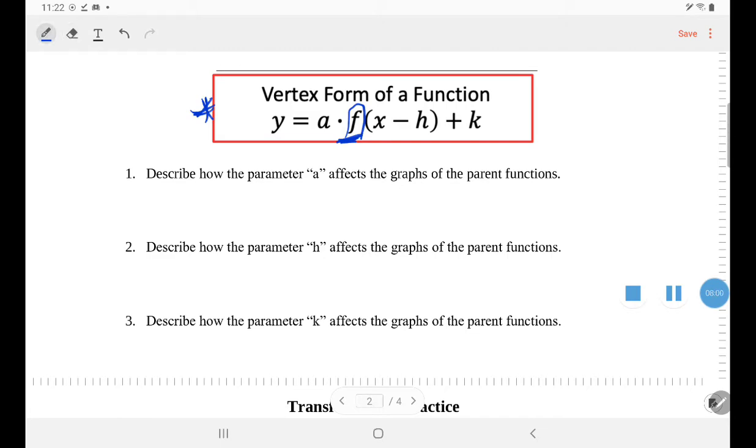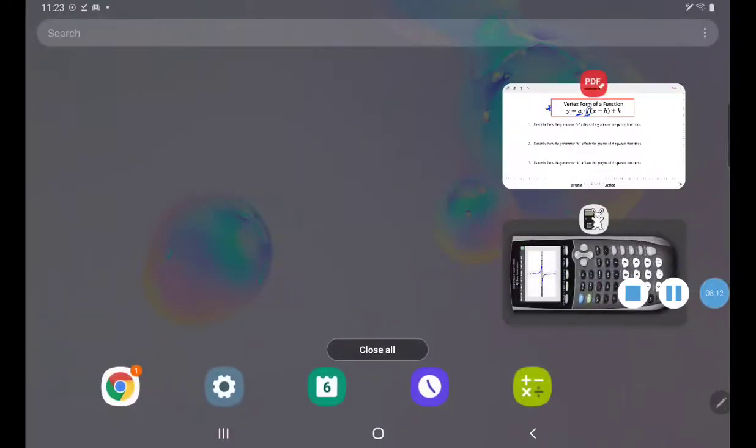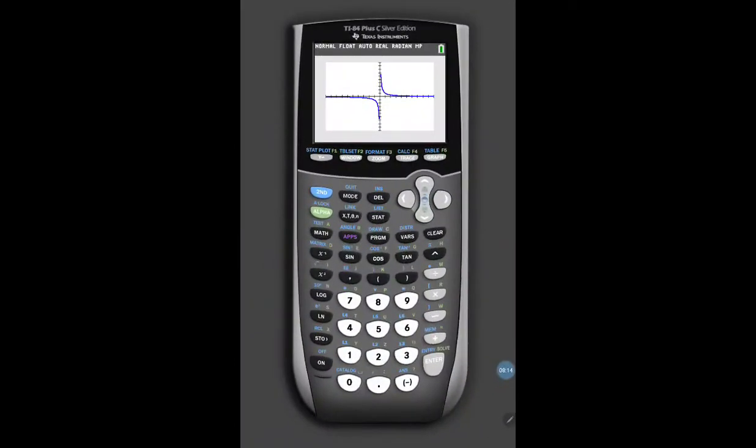So let's notice where the parameter a is. It's right there in front of whatever function I have. So let's go ahead and take a good look at it. I want to experiment a little bit, and then we'll talk. I'm going to start with a parent function.